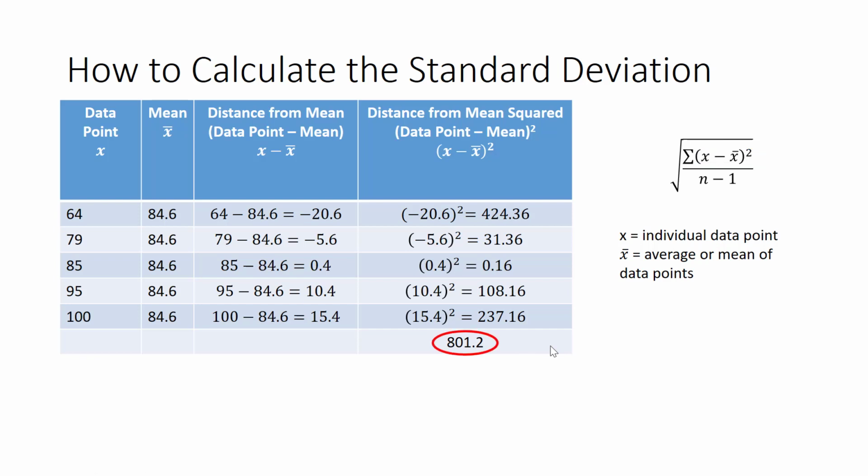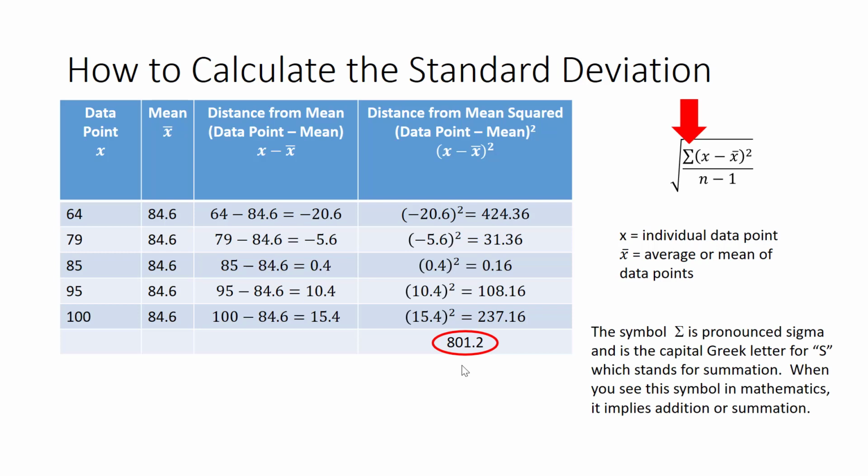Next, you can see that with all 5 of these values, I've added them together. How did I know to add them? I knew because of the symbol here. It bears some resemblance to the English letter E, but it actually is the Greek letter which stands for S. It's the capital Greek letter sigma, and in mathematics it stands for summation.